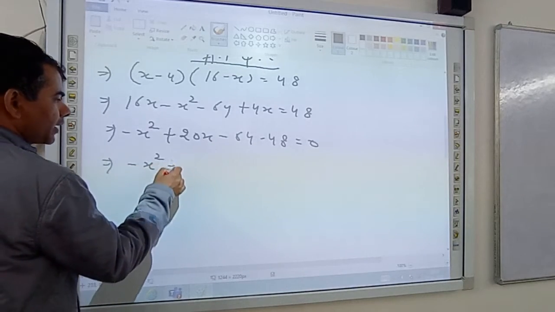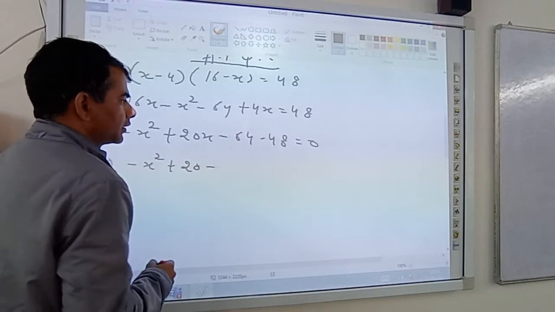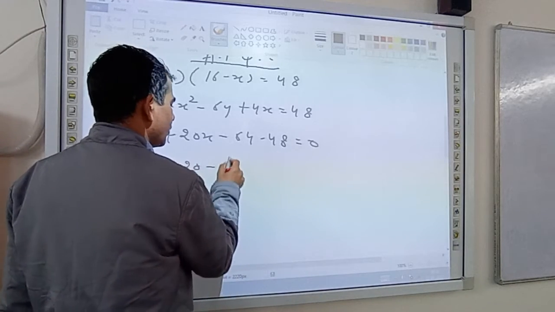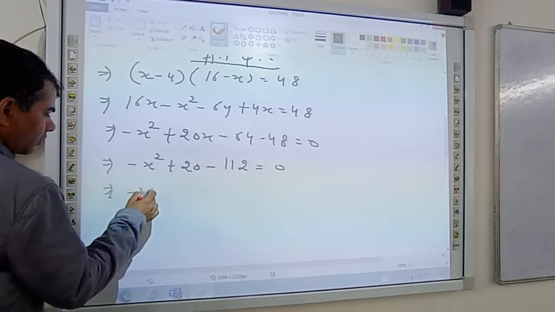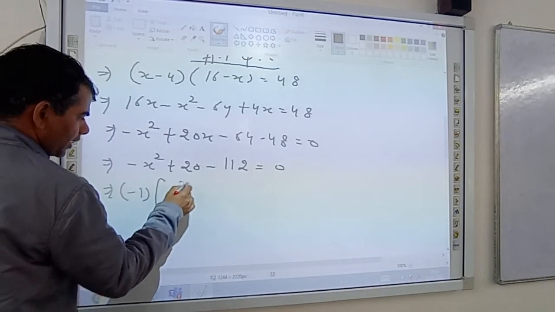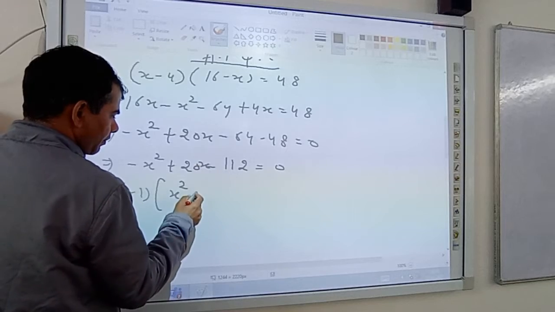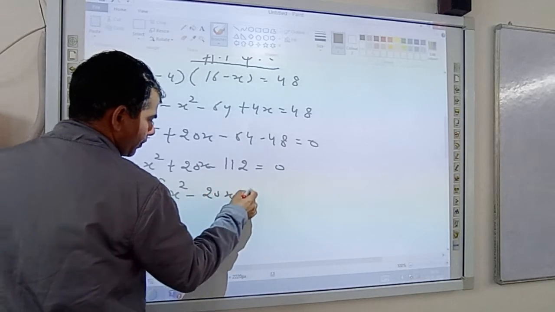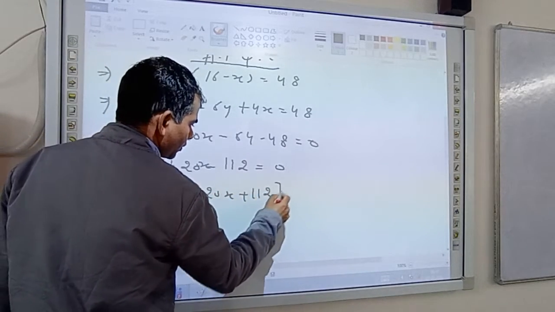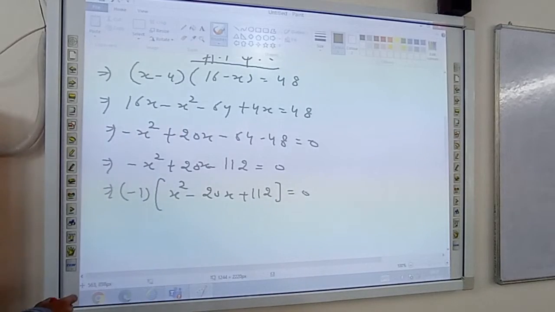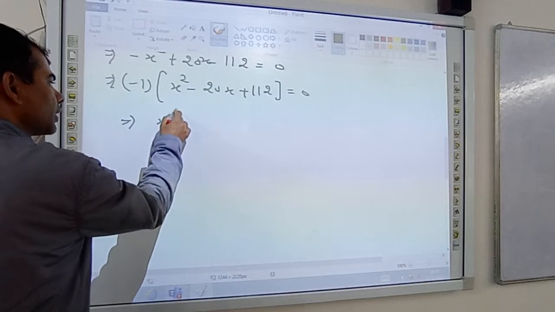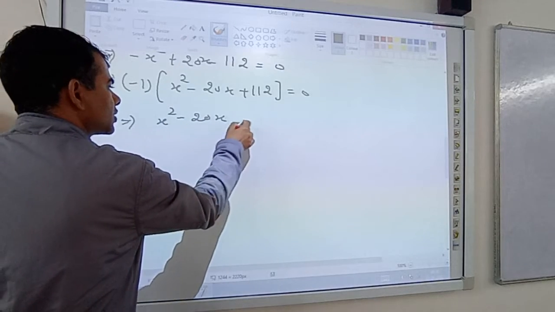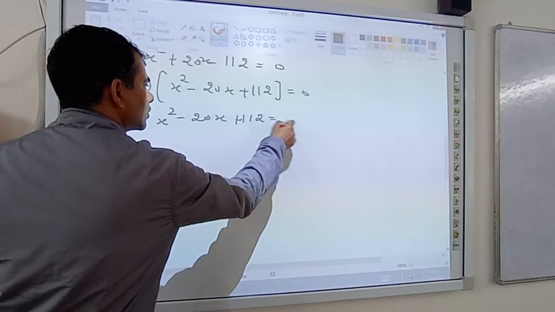Minus x square plus 20x minus 112 equal to 0. Now we take minus 1 as a common factor. It becomes x square minus 20x plus 112 equal to 0.